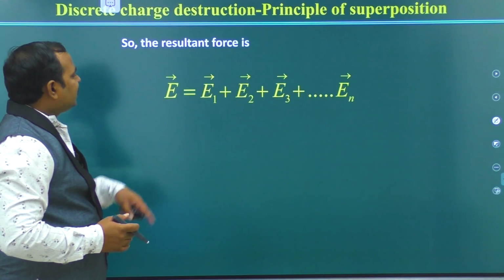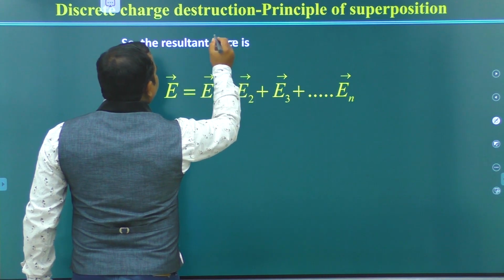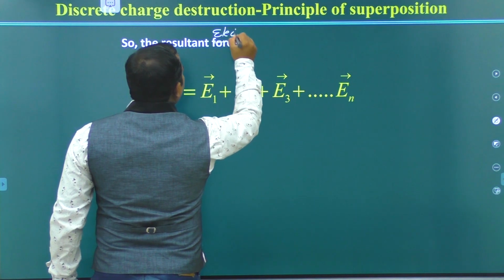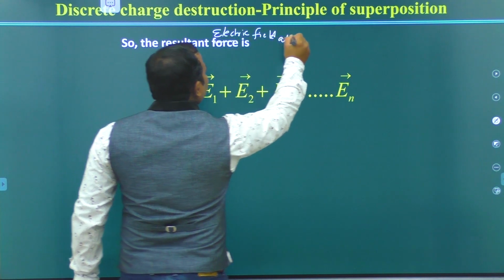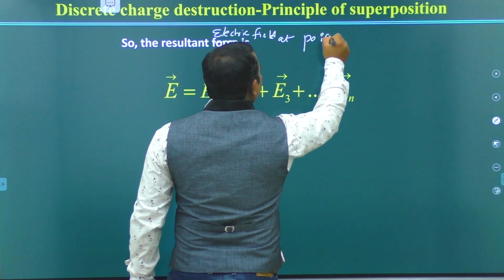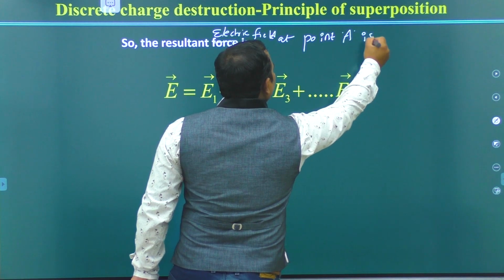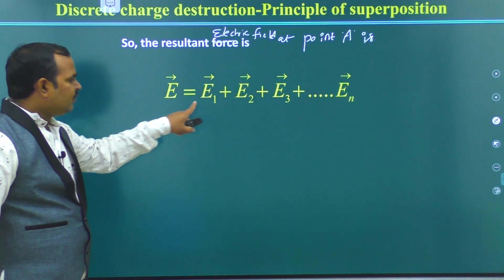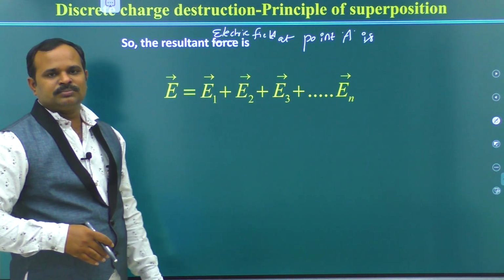Now if you write the resultant electric field at point A, E bar is equal to E1 bar plus E2 bar plus E3 bar and so on, En bar if you have n charges.